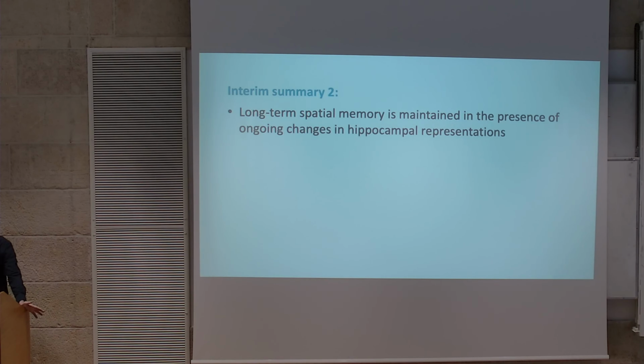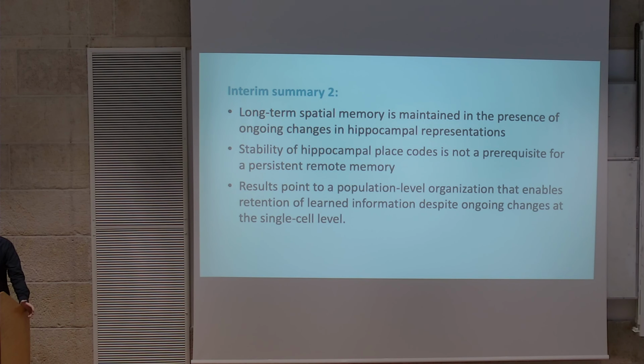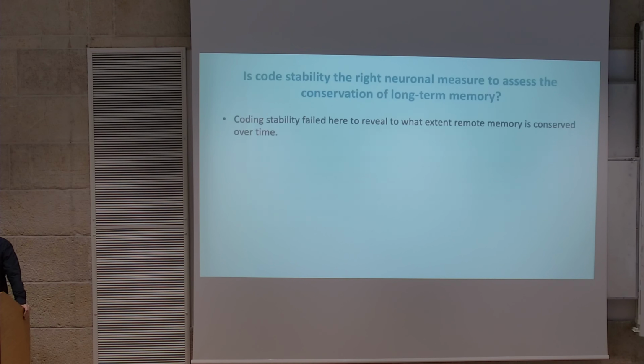So long-term memory is maintained in the presence of ongoing changes in hippocampal representations. Stability of the hippocampal place code seems not to be a prerequisite for a persistent remote memory. And we think these results point to a population-level organization that enables retention of learned information despite ongoing changes at the single-cell level.